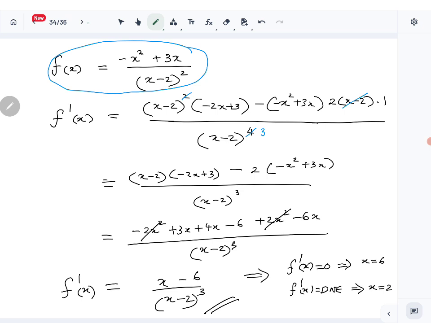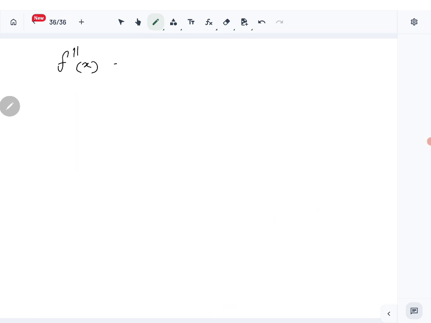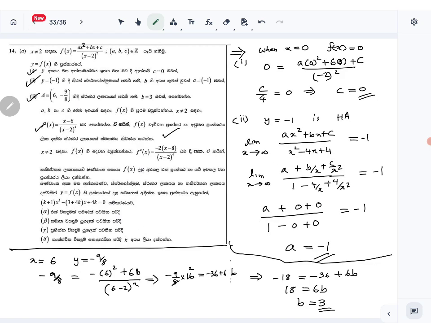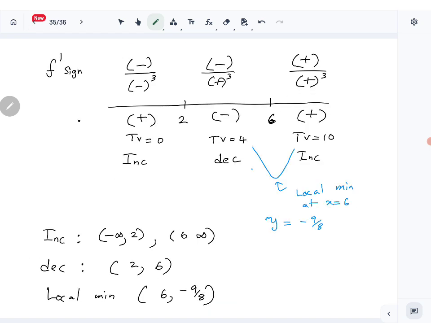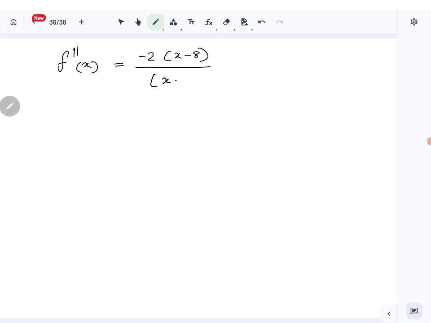Minus 2x minus 8 over (x minus 2) to the 4th power. Right. So then again break the number line, equate the second derivative to 0, then you get 8. The second derivative does not exist when x is 2. Right.